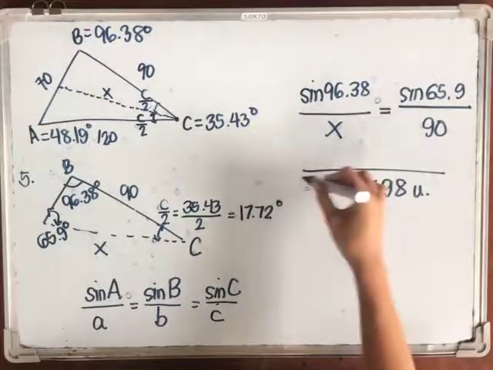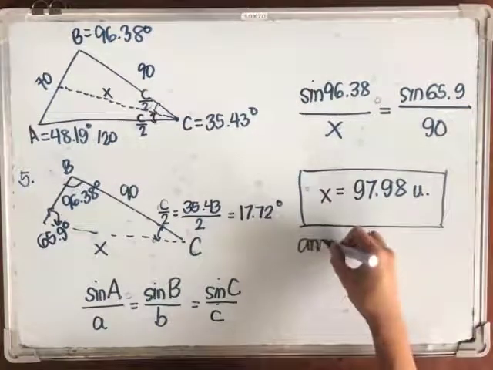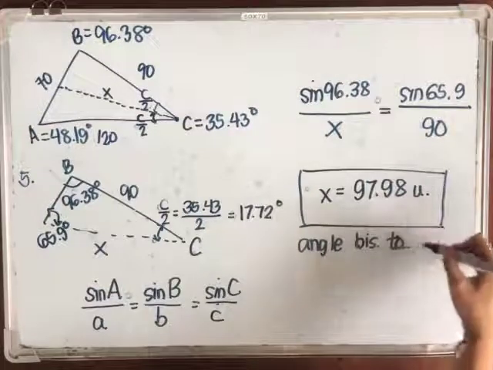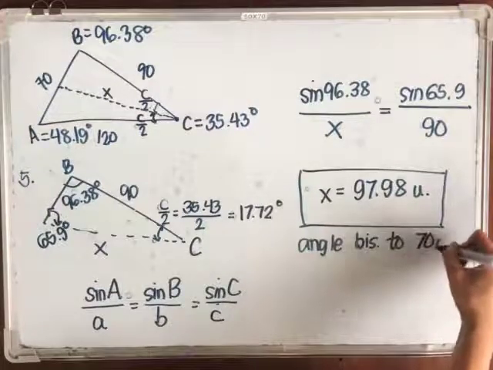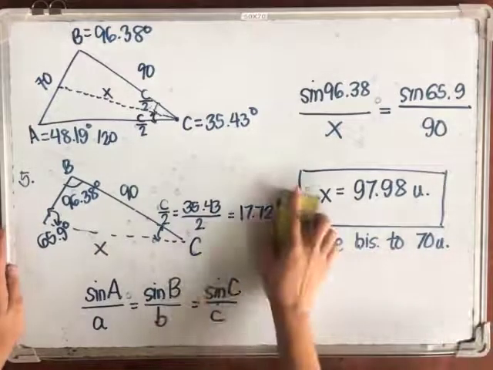So this is the measurement of the angle bisector to the shortest side, to 70 units. I hope naintindihan nyo itong part na to. Okay? Erase ko na ngayon.